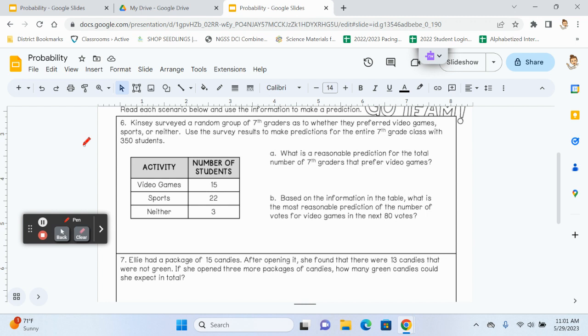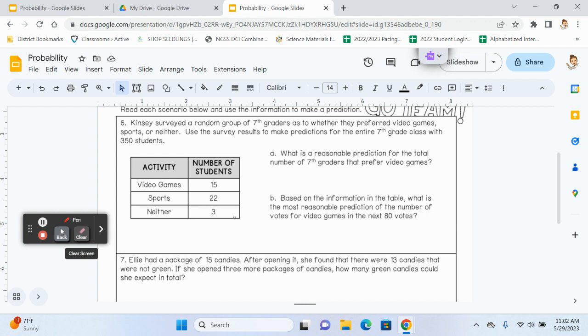They pulled a certain amount, and that comes from right here. The total that they asked: 15 preferred video games, 22 preferred sports, and 3 preferred neither. So if you add 15, 22, and 3, there were 40 students altogether that this person asked.